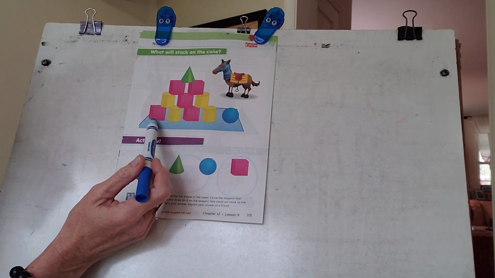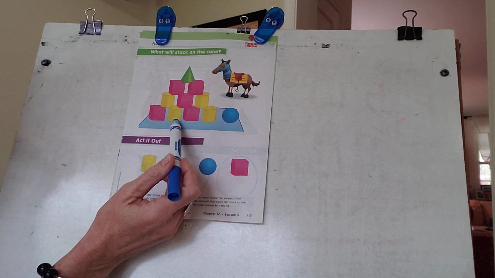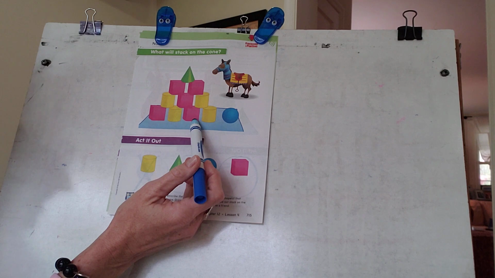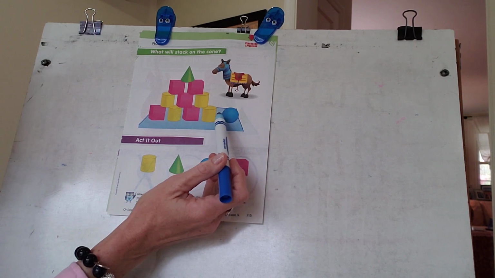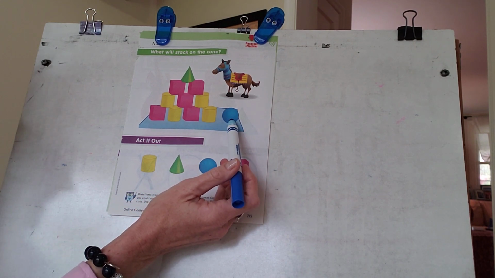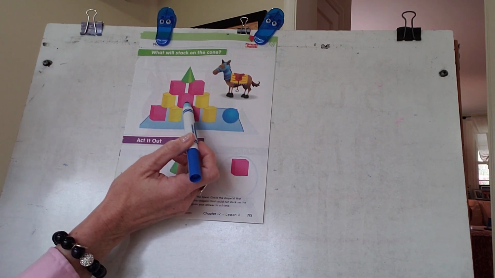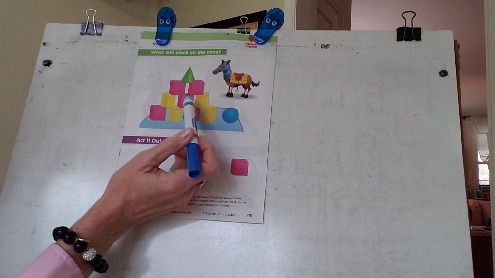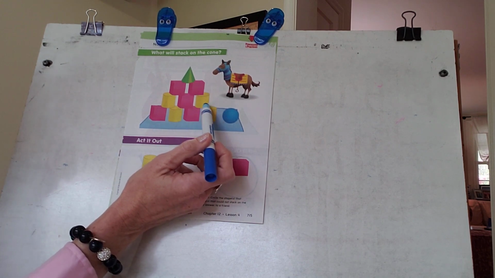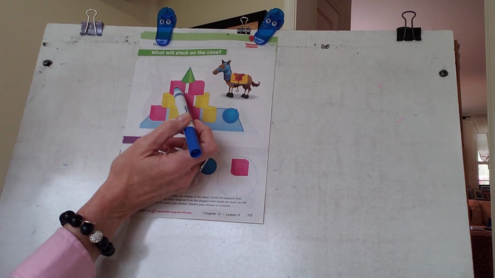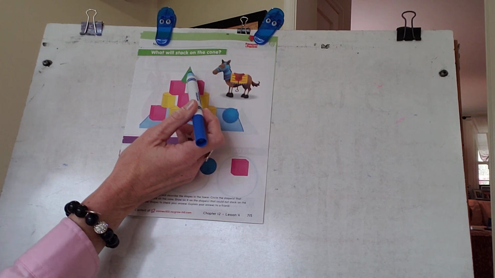He used a cube, a cylinder, another cube, a cylinder, and a sphere, right? Then he used a cylinder, another cube, I had to look at that closely, another cylinder, a cube, and a cone.